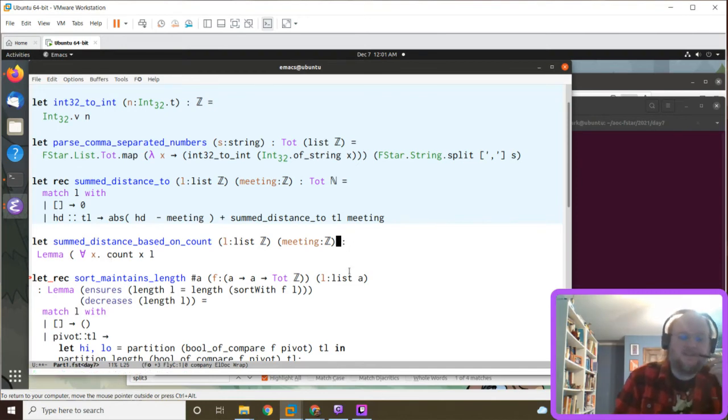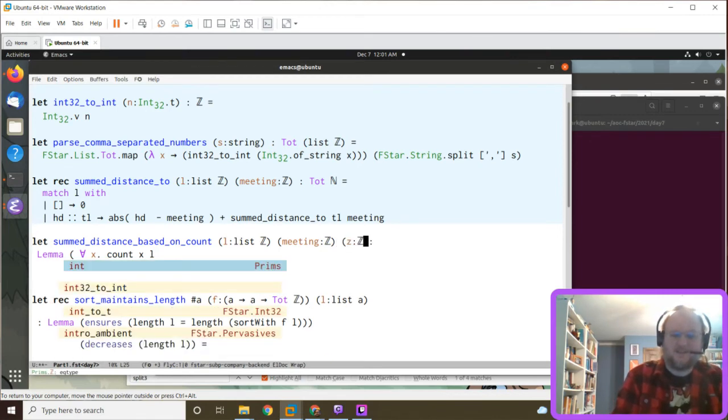So I think it's easiest to say that about one element at a time.